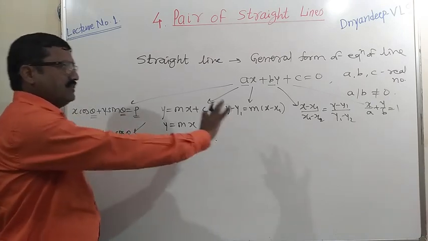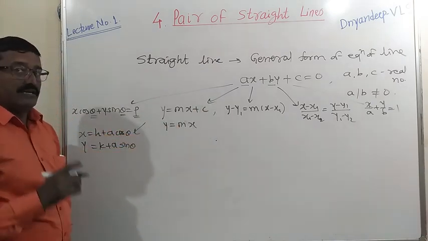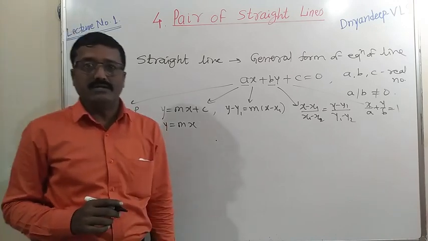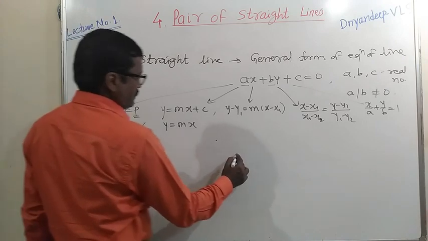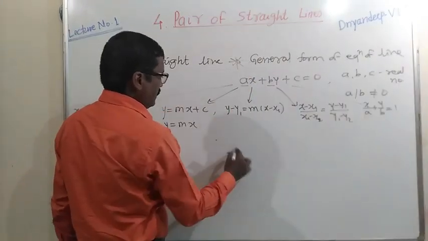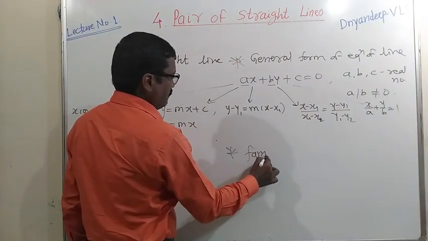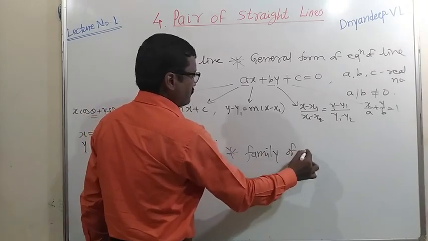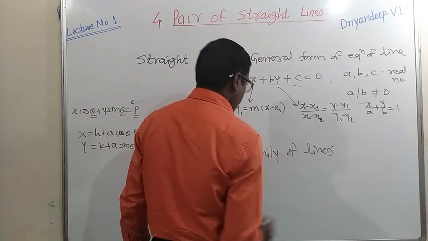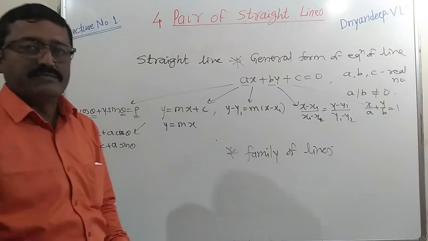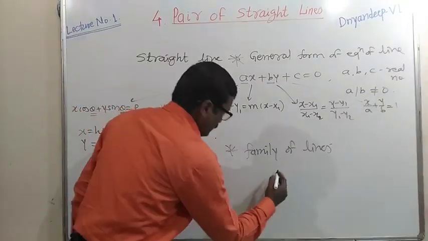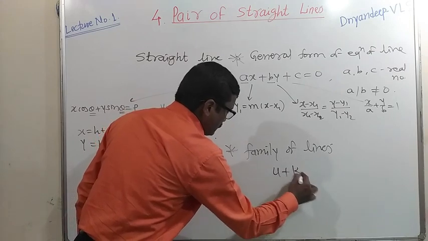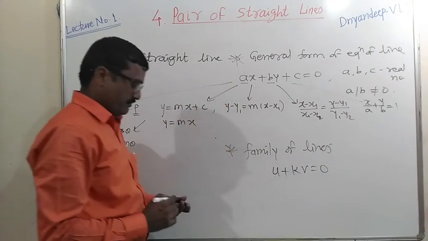So we have learned all these in 11th class, and the last important concept that we have learned in 11th class is the family of lines. In that family of lines, we have taken the equation of family of lines as u plus kv equal to 0.